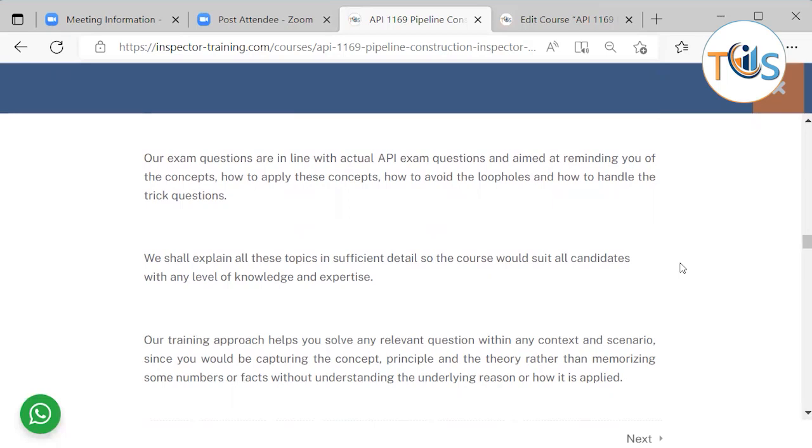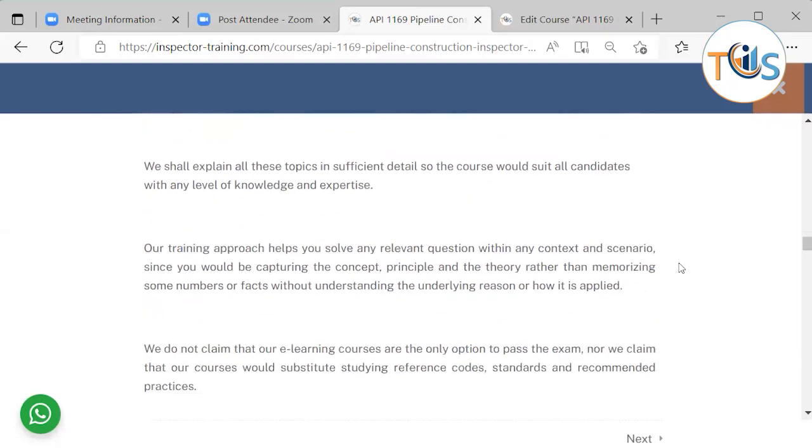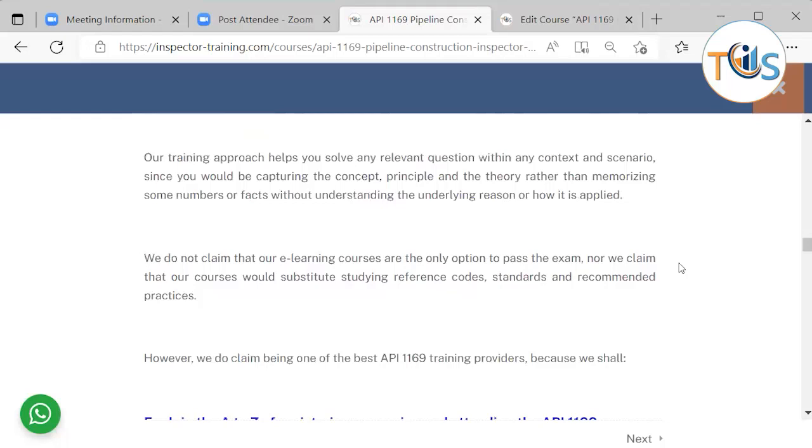We shall explain all these topics in sufficient detail so the course would suit all candidates with any level of knowledge and expertise. Our training approach helps you solve any relevant question within any context and scenario, since you would be capturing the concept, principle, and theory rather than memorizing some numbers or facts without understanding the underlying reason or how it is applied.